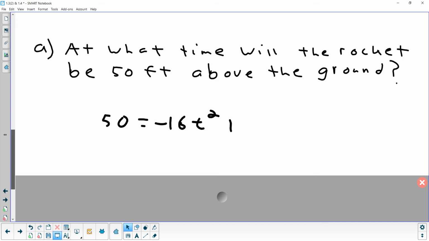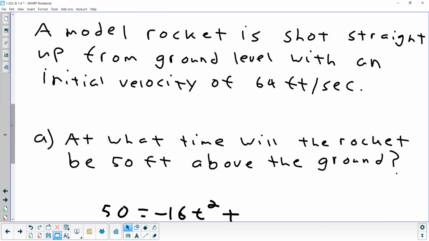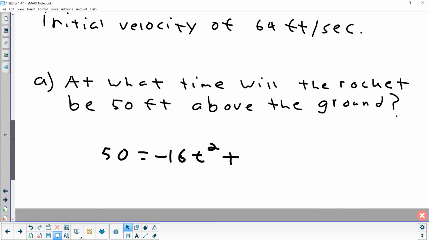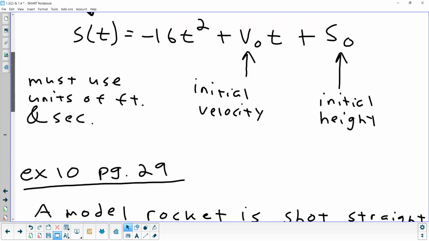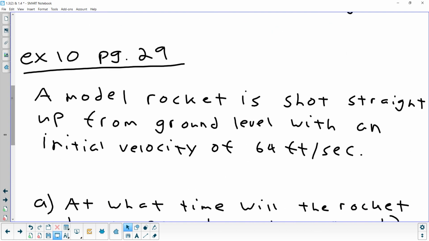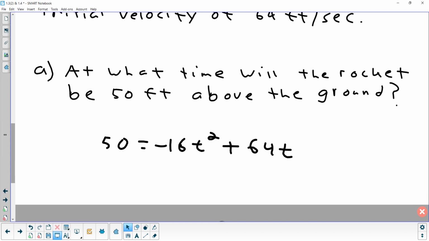Negative 16t squared plus v sub 0 t. What's v sub 0 in this problem? That's the initial velocity. 64 feet per second, plus s sub 0, the initial height. What did they tell us the initial height of this rocket was? Ground level. So plus 0, I don't even need it. Now, what kind of equation is this again?